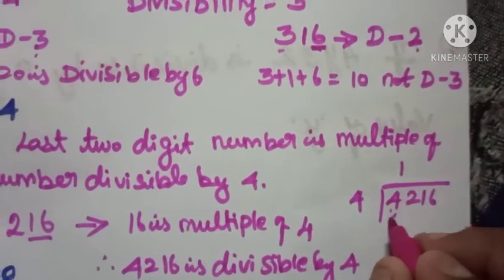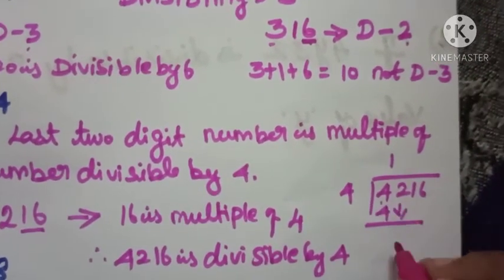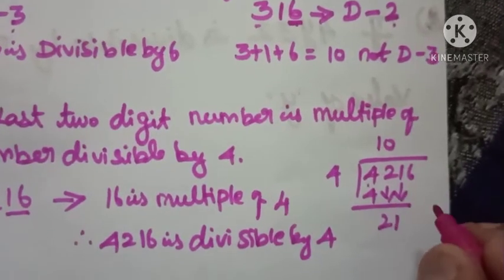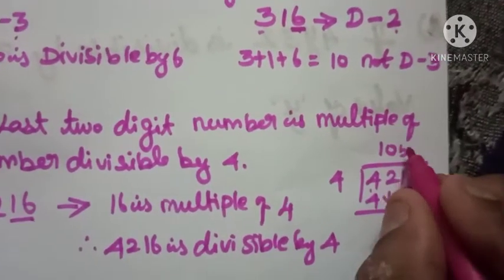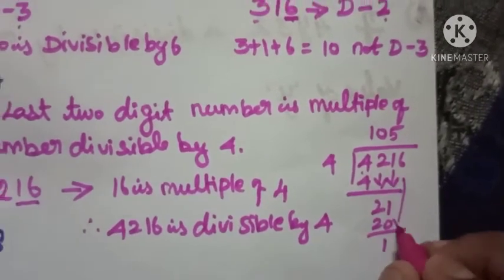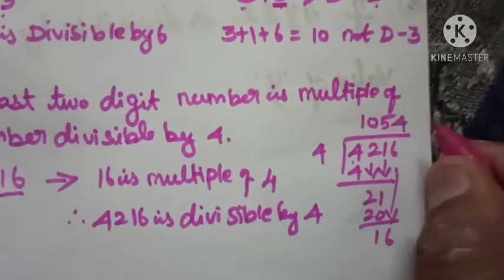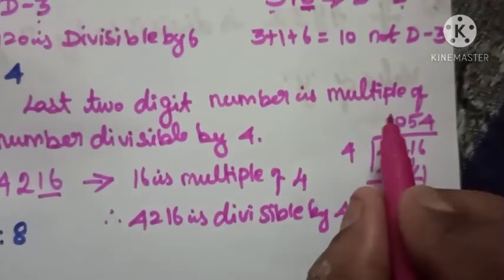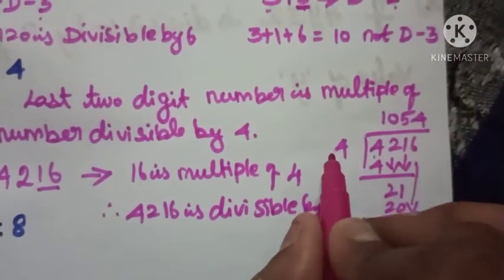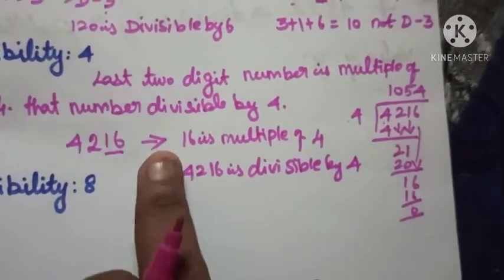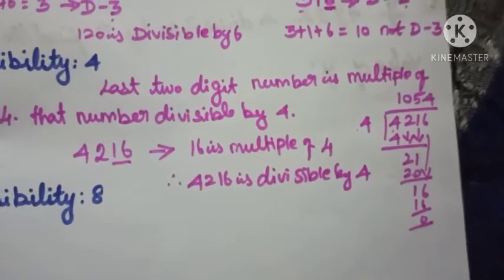First, 4 goes 1 time, and take the 2; 2 is smaller, so add a 0. Then take 21, which is 5 times 20 with a remainder of 1. Take the next digits 16, so 4 times 4 is 16 and the remainder is 0. So 1054 times 4 gives you 4216. Now you can see it is satisfied.